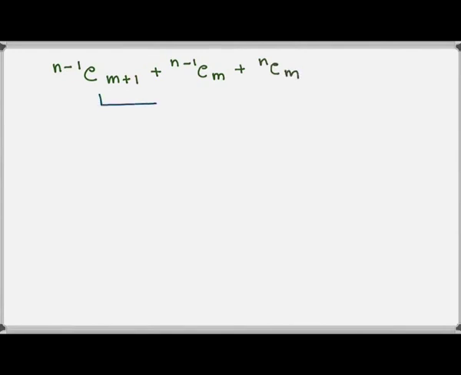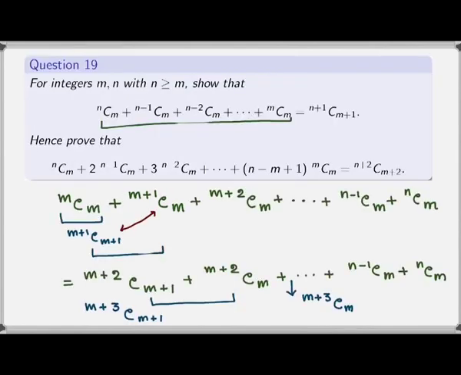Again, from these two terms we get nCm plus 1, and lastly from these two terms we get the whole expression is equal to n plus 1 Cm plus 1. And note that this is what we wanted to show, that this expression is equal to n plus 1 Cm plus 1.